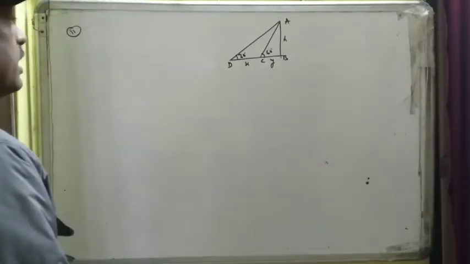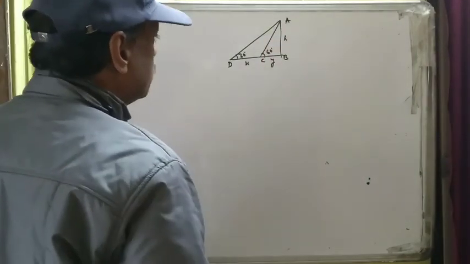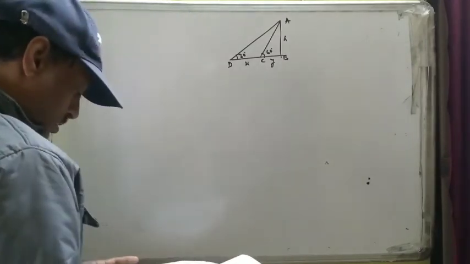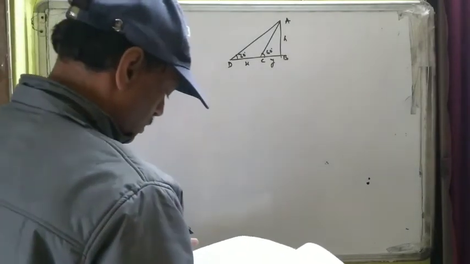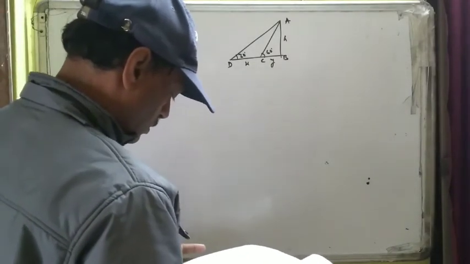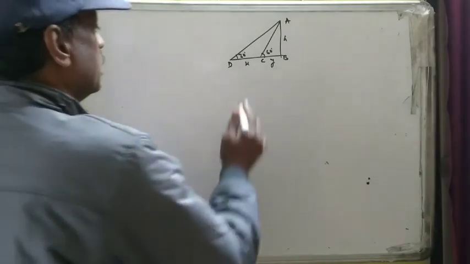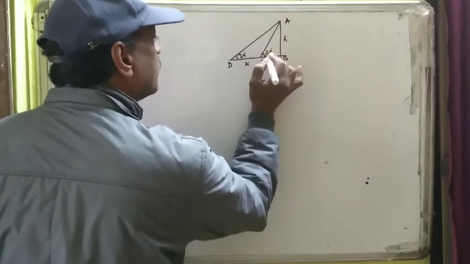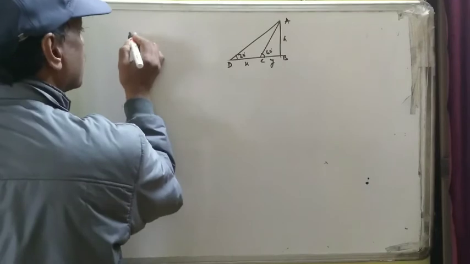So the question is like this: this is the tower, and from this point the angle of elevation is 30 degrees, and from this point the angle of elevation is 60 degrees. Let us solve straight away.